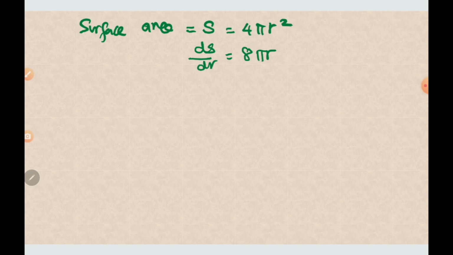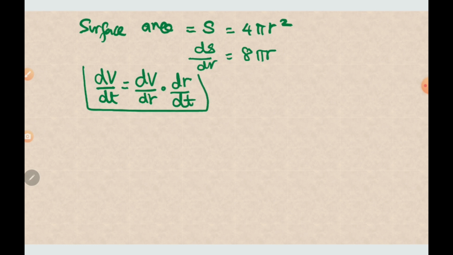Therefore now we will use the chain rule. dV/dt can be written as dV/dr multiplied with dr/dt.